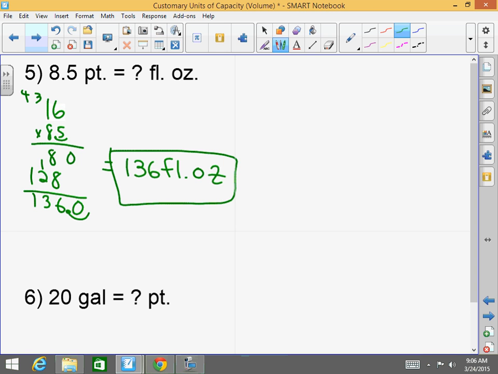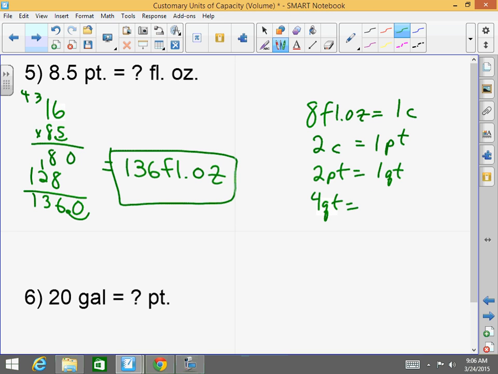Pay attention. You know that there are 8 fluid ounces in 1 cup. 2 cups in 1 pint. 2 pints in 1 quart. 4 quarts in 1 gallon. This is where the units of capacity get a little complicated.